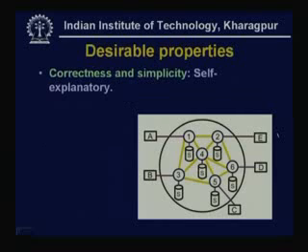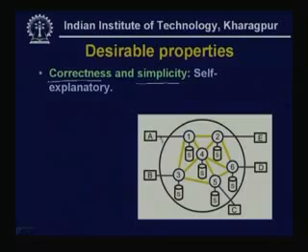Now, let us see what are the desirable properties of routing. We want the routing algorithm to deliver a packet from a source to a destination. Now, first 2 important properties are correctness and simplicity. These 2 terms are self-explanatory. By that I mean, whenever we say correctness, that means the packet should be delivered to the correct destination.